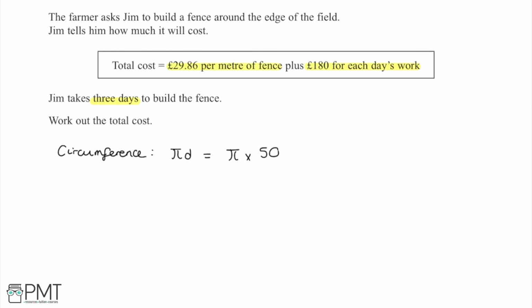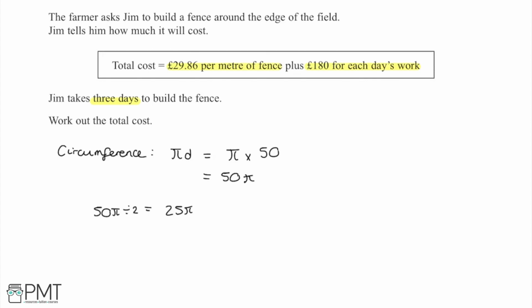So this gives us a circumference of 50 multiplied by pi, so 50 pi. However, we're working with the semicircle here, so we need to take this 50 pi and divide it by 2 to get 25 pi, which is going to be the length of this curved edge of the semicircle.